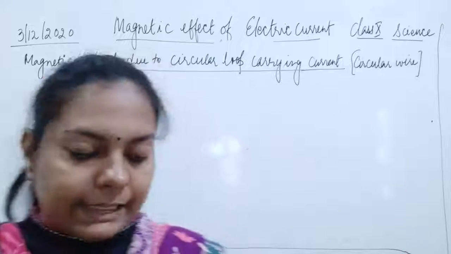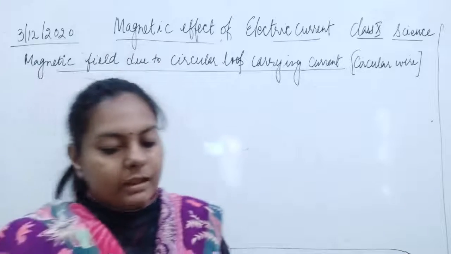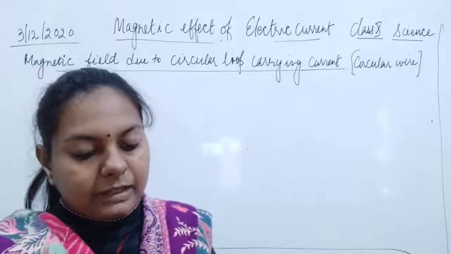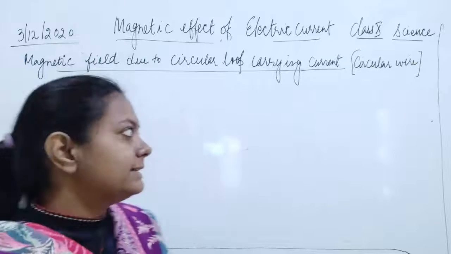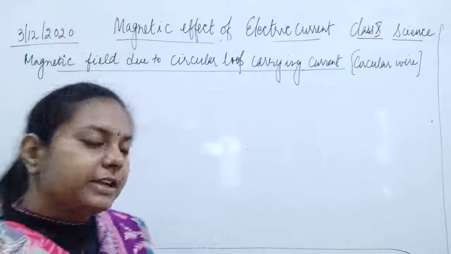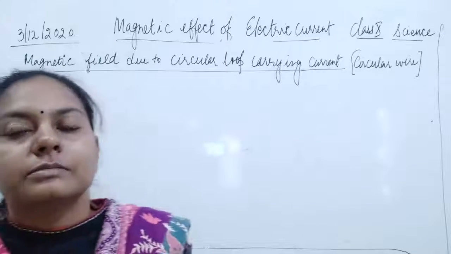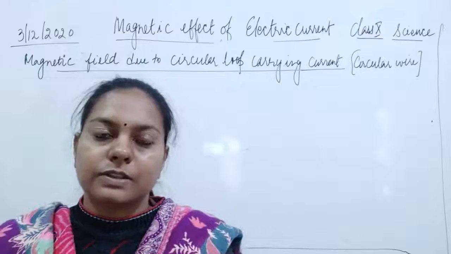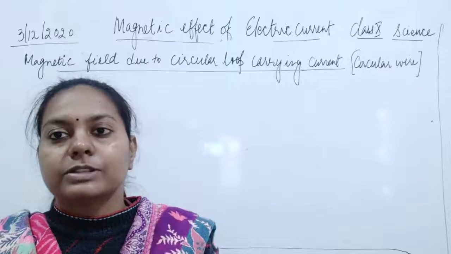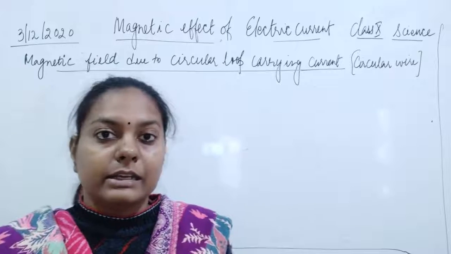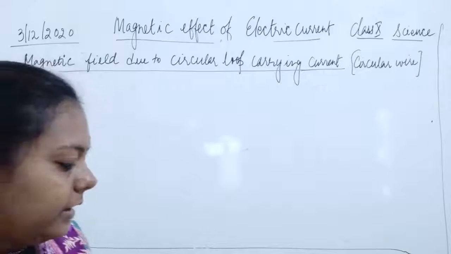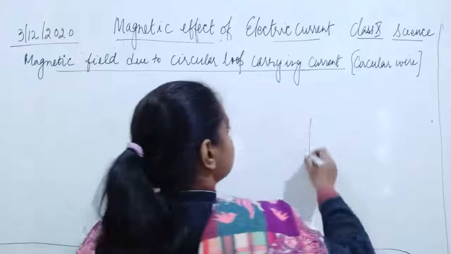Now if I say that the magnetic field pattern is due to the circular current carrying conductor, what is the setup of this experiment? It is very similar to the setup of the experiment which we saw a little while ago, the straight current carrying wire. So here also what is the difference?